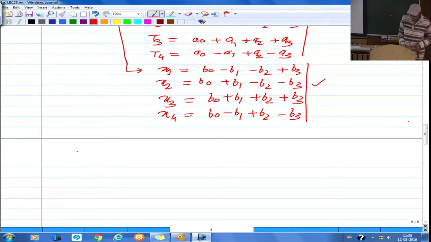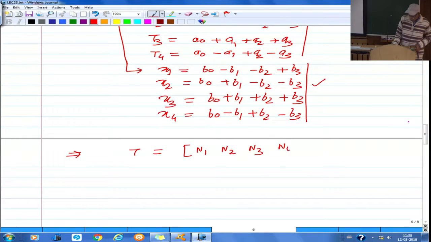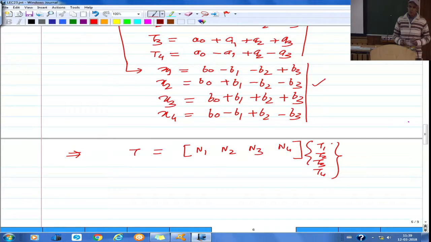You can finally write this interpolation for T as N1, N2, N3, N4 into T1, T2, T3, T4. After solving for a0 to a3 and putting back in the polynomial approximation, the coefficient of T1 is N1, the coefficient of T2 is N2, and so on.